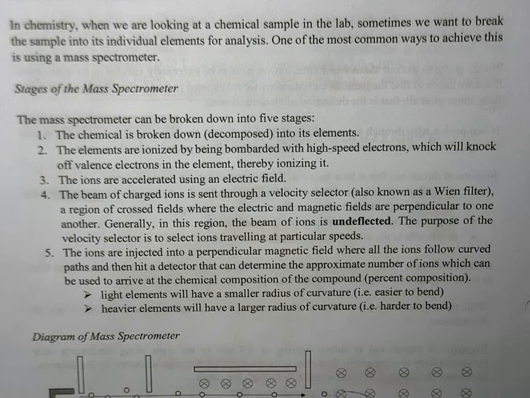So what's going to happen is our sample is generally going to be bombarded with high-speed electrons. What's usually going to happen is we're going to knock off some of those valence electrons in our sample, then it's going to become ionized, and then once it's ionized, we can start to have some effects with electric and magnetic fields.